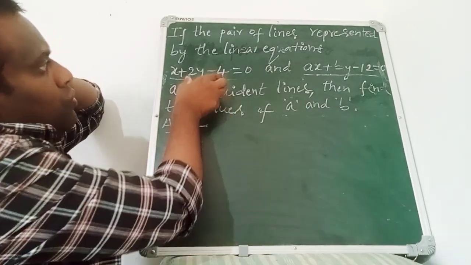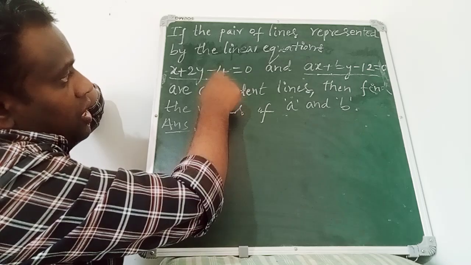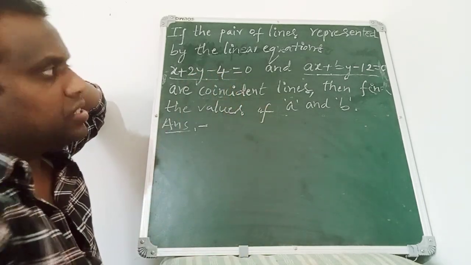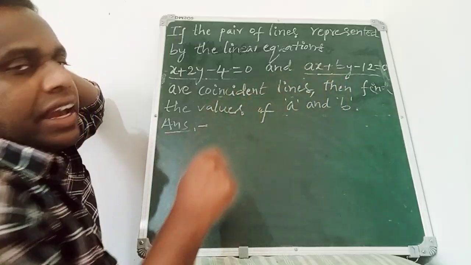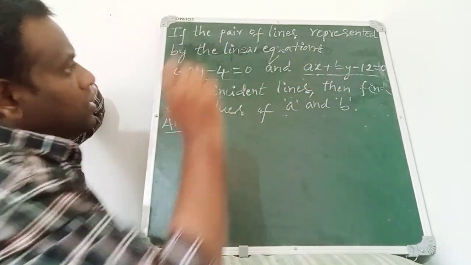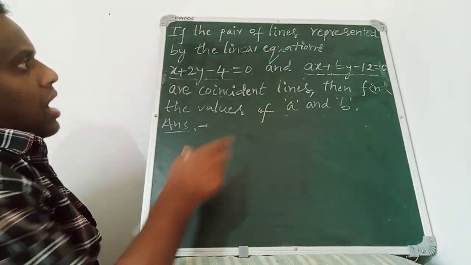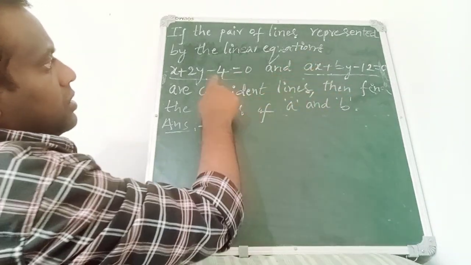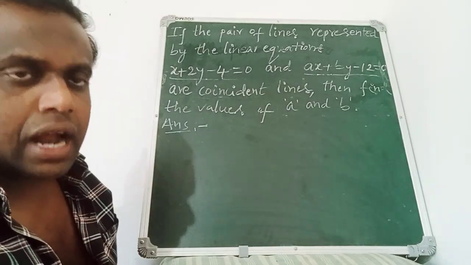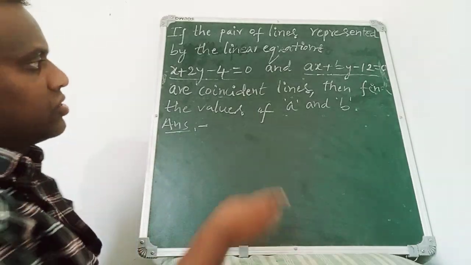That means when you graph this equation, you will get a straight line. So these are called line equations. So line equations are given, and they are telling these two represent two lines and they are coincident lines.